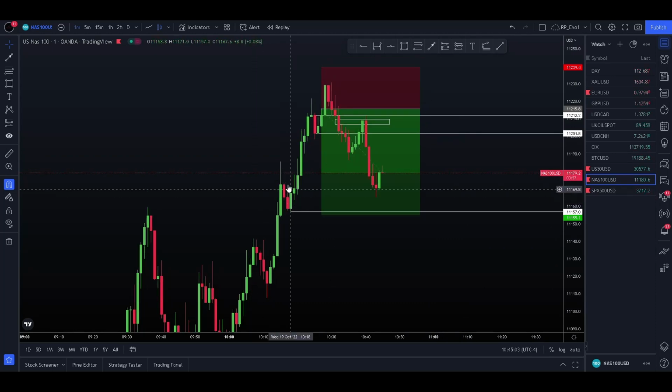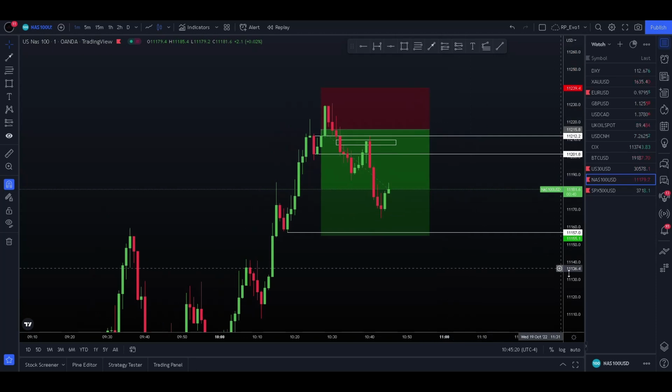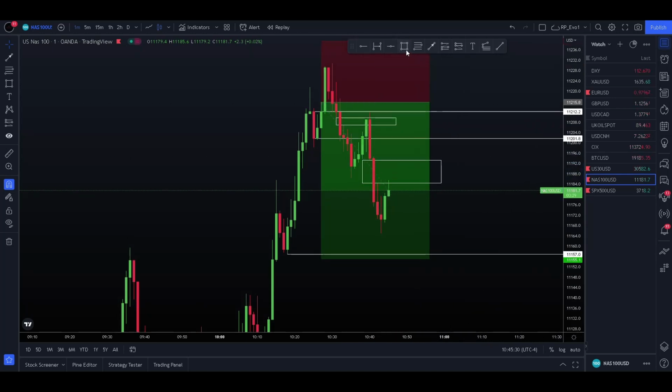So again, these two down close candles are accumulation, right? The one that we've seen some retracement here, and that's okay. Have another imbalance here, and a tiny, tiny imbalance right here.